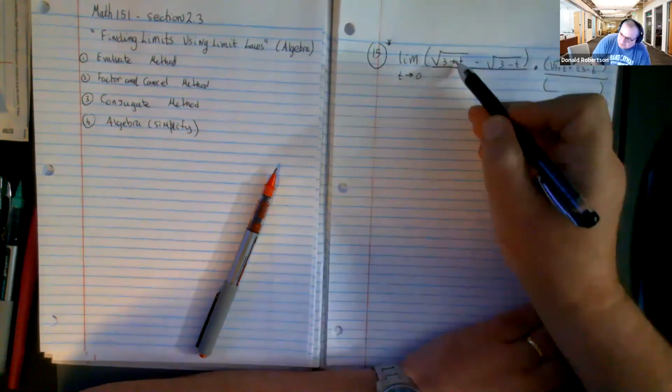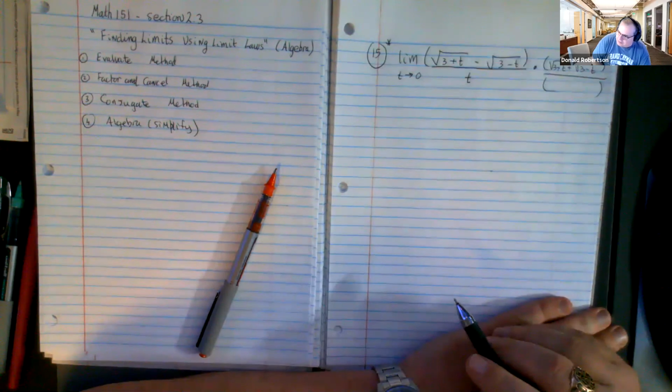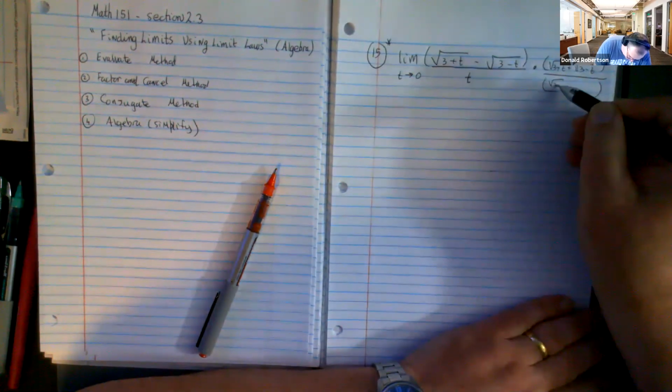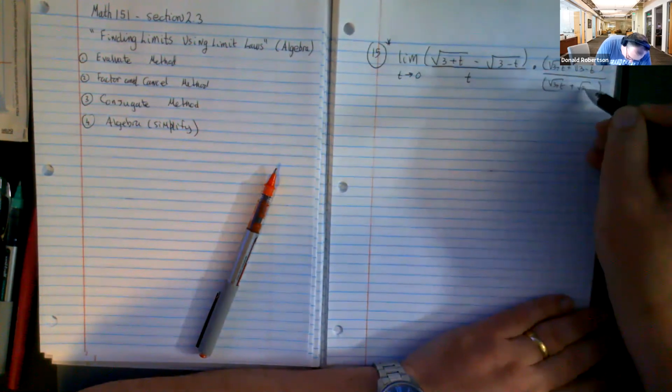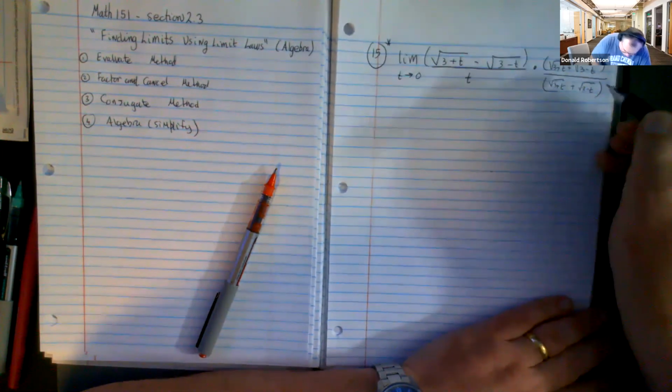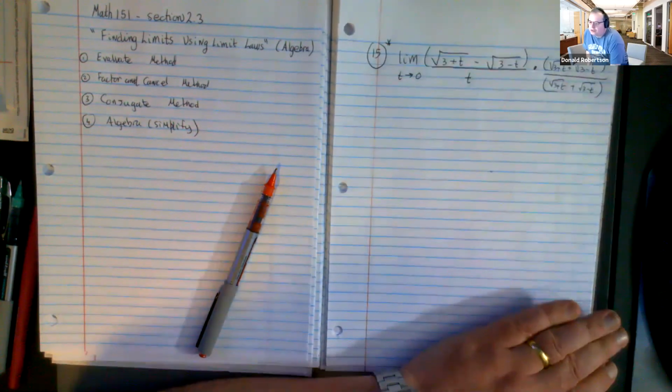Square root 3 plus t plus square root 3 minus t. First guy plus second guy? Agreed? Top and bottom, yeah, of course. Yeah.